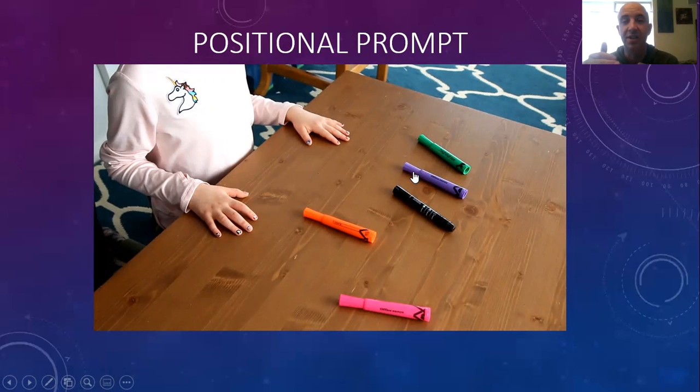That's the cue that she needs to realize, oh, the one that's closest to me, that looks different, that must be the one. That's where, if you're doing a dressing routine, you put all the clothes out on the bed or on the dresser, whatever furniture you have. You put them somewhere where it's a clear positional prompt that, hey, this is different. This is probably the stuff I need to use.